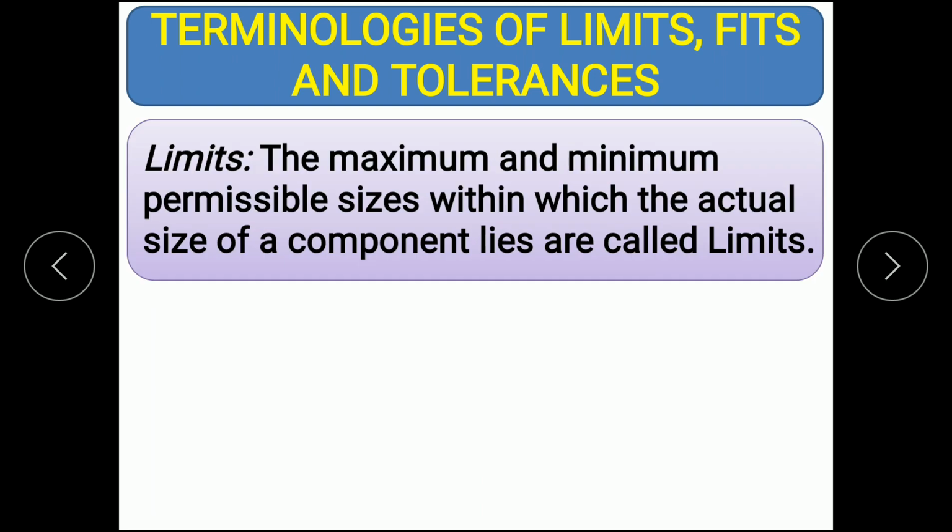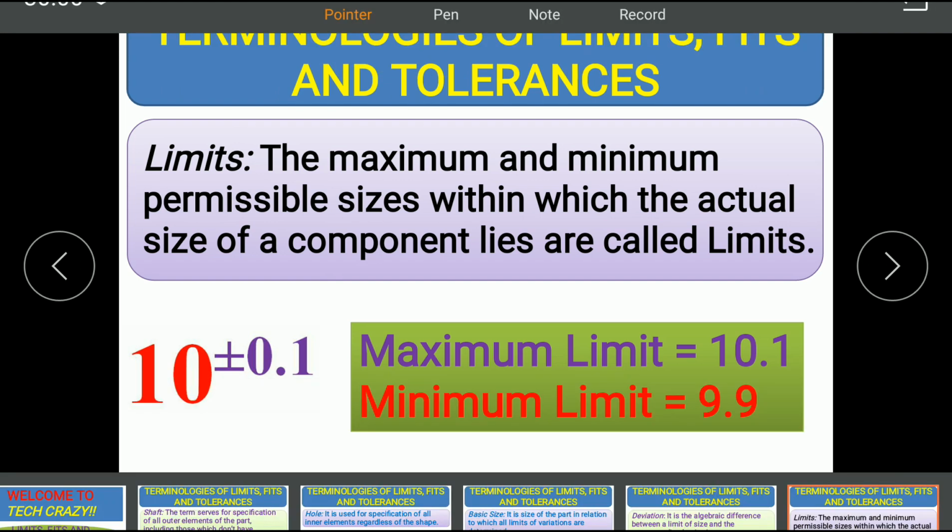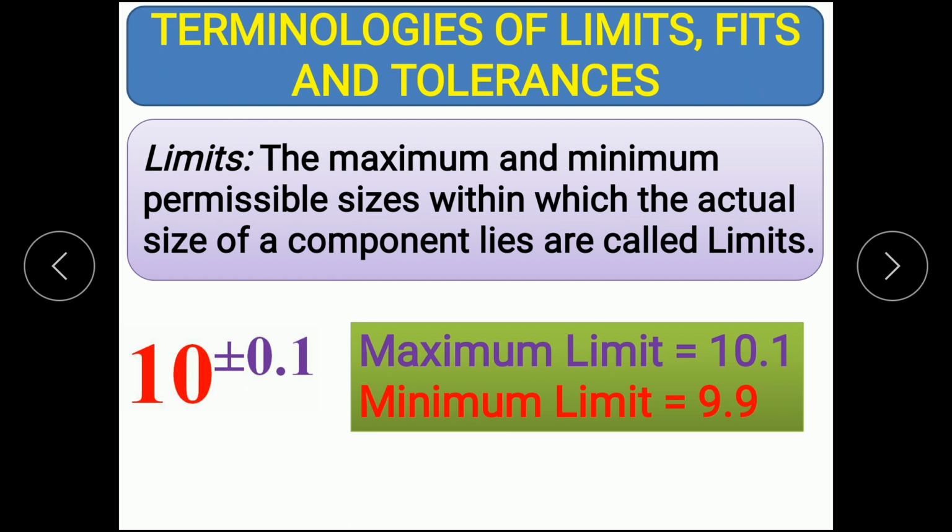Next is limits. The maximum and minimum permissible sizes within which the actual size of the component lies are called the limits. For example, if the dimension of the part is 10 plus or minus 0.1, the maximum limit is 10 plus 0.1, which is 10.1, and the minimum limit is 10 minus 0.1, which is 9.9.